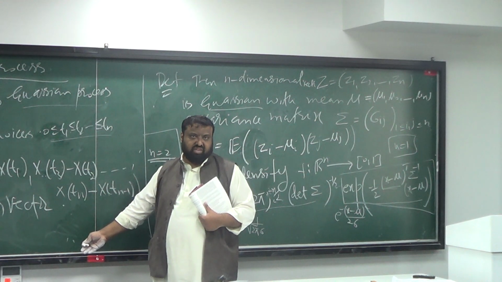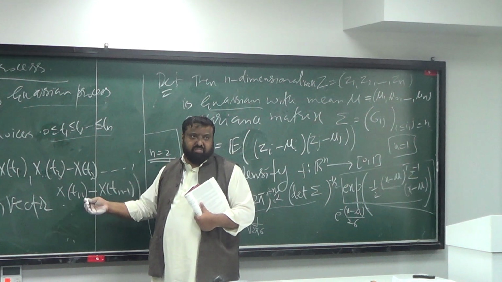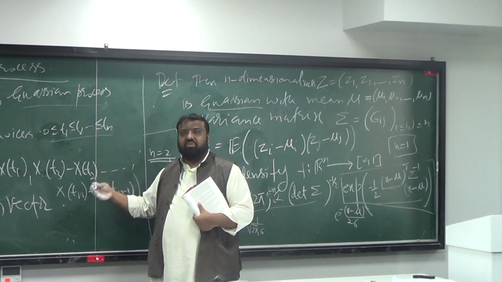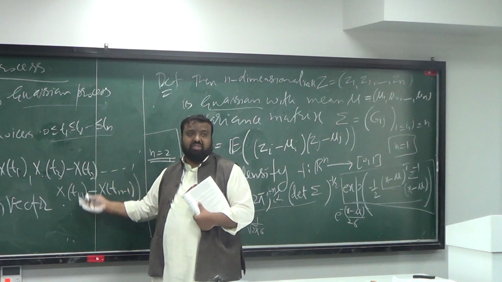So if you are taking for example 10 increments, it's going to follow a 10-dimensional normally distributed variable.